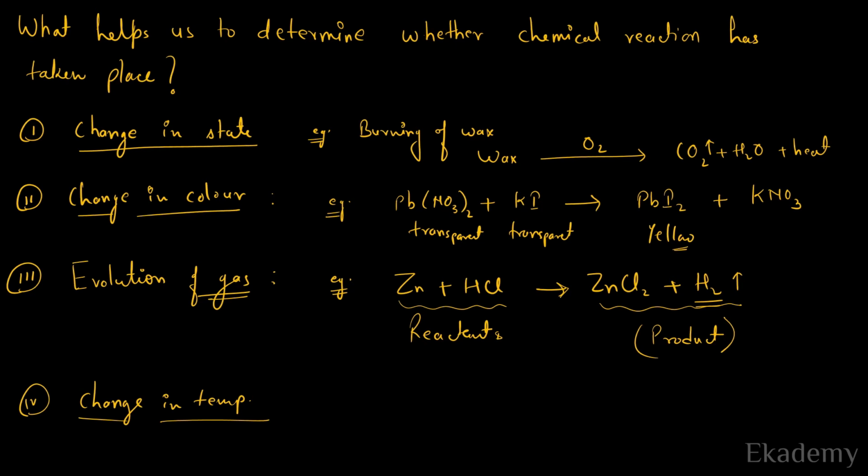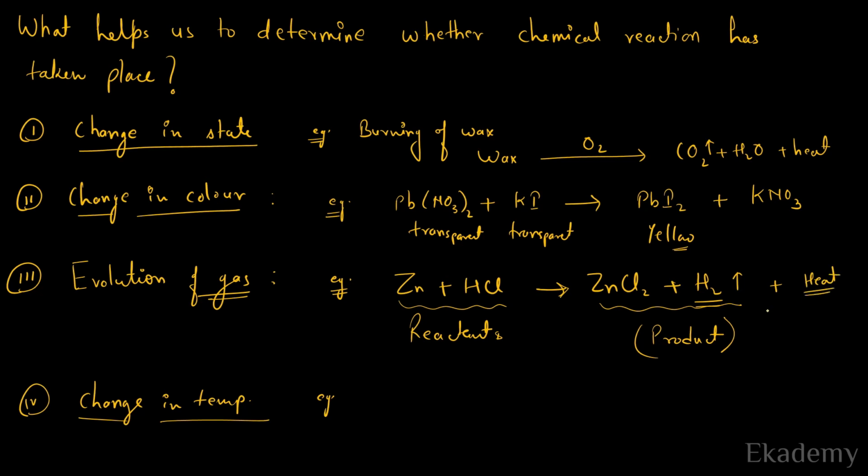That means there is some chemical reaction taking place inside it. For example, in the above example where zinc reacts with HCl, it forms zinc chloride as well as hydrogen gas along with evolution of heat. So heat also evolves in this reaction.